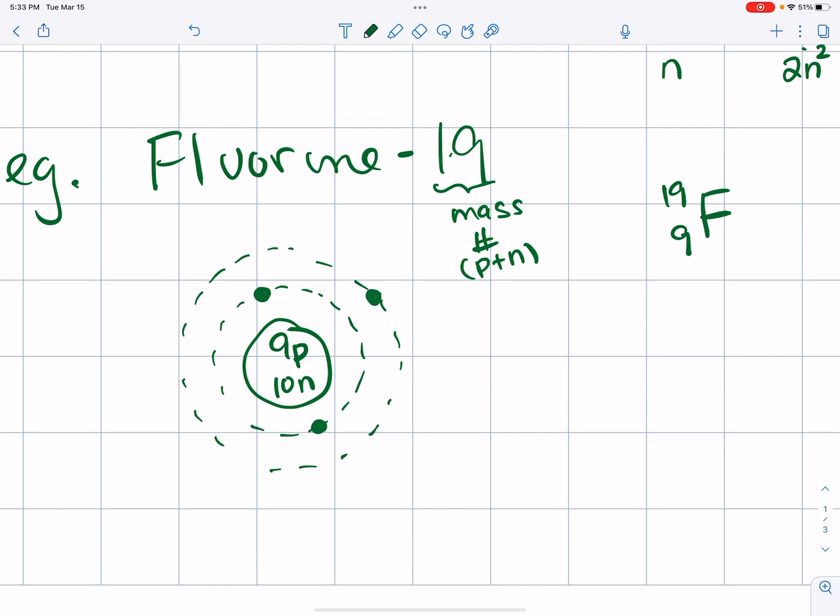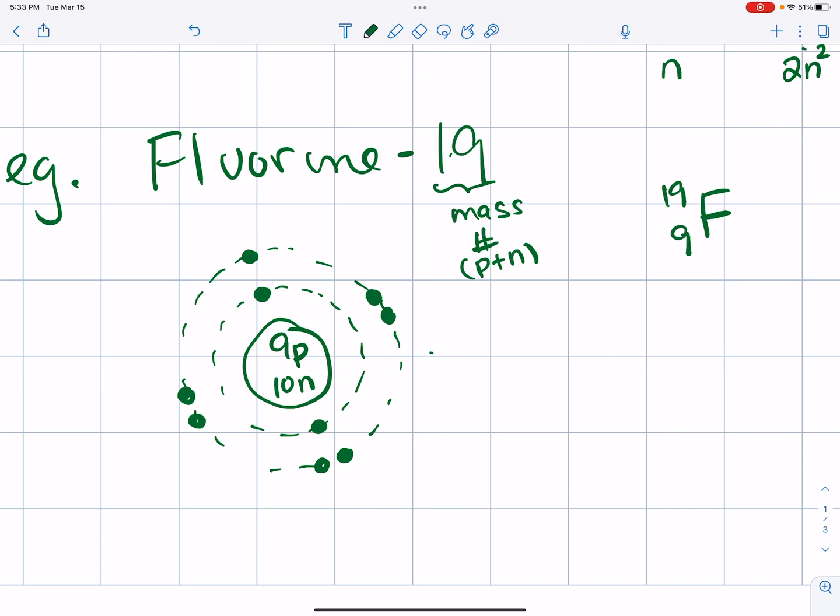Put the first electron wherever you like, but then go at 90-degree intervals. 1, 2, 3, 4. We have 3 more electrons. Start to pair them up. So there's 5, there's 6, there's 7. So there are the 7 electrons in the second energy level.